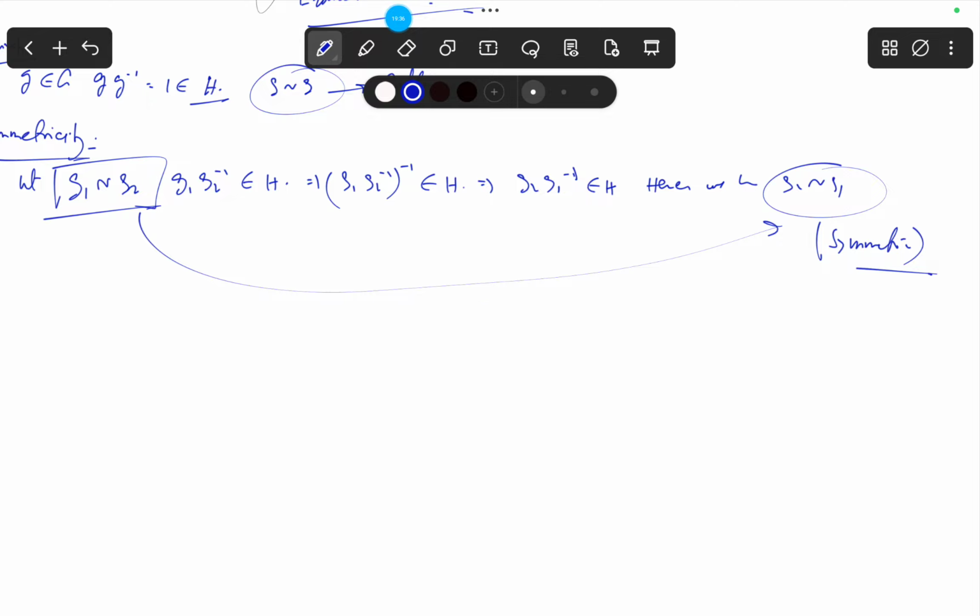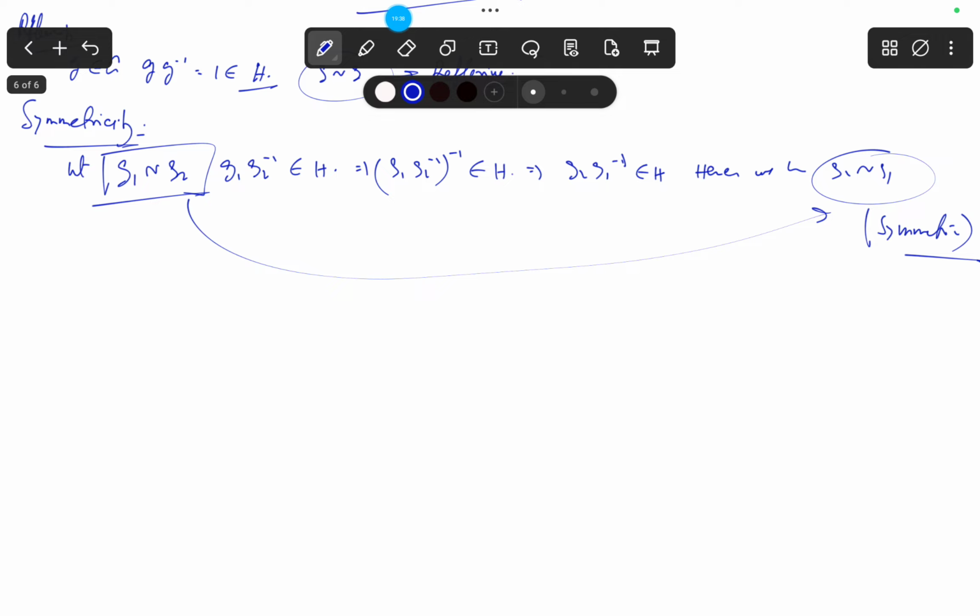And the final one that you need to check is transitivity. So transitivity is basically given by: let us consider that g1 is related to g2 and g2 is related to g3.